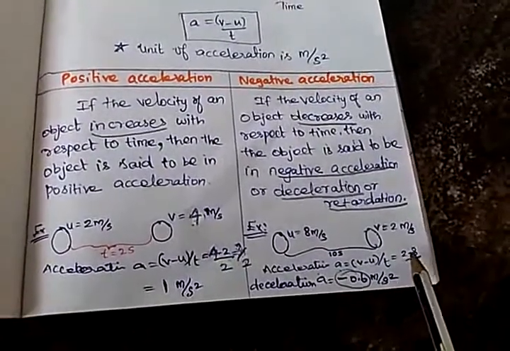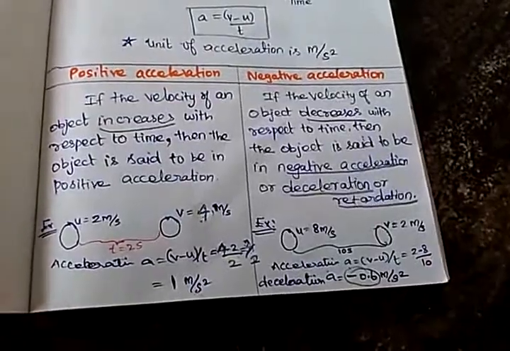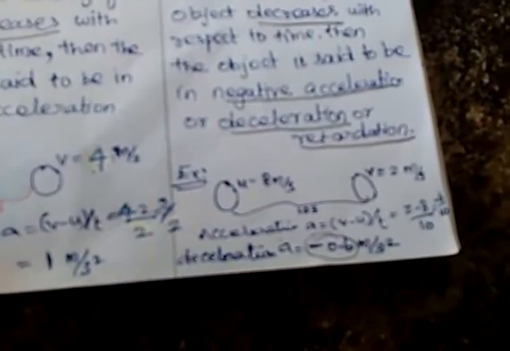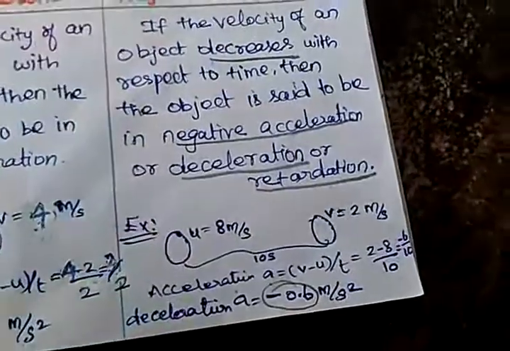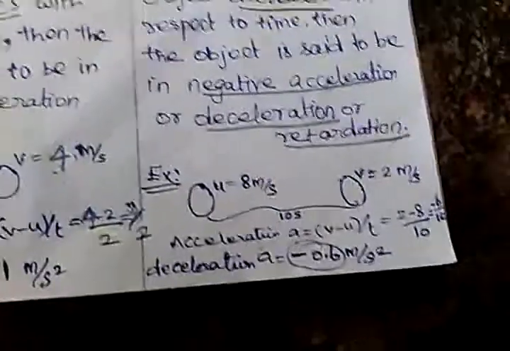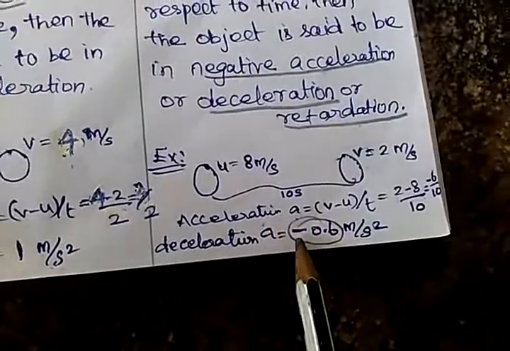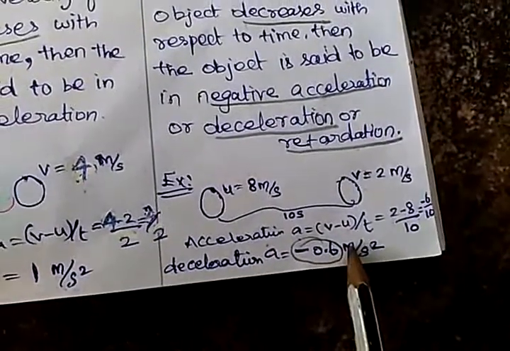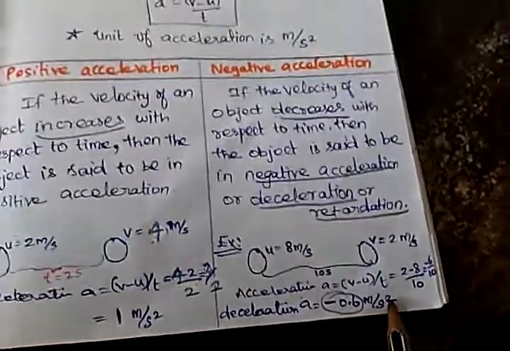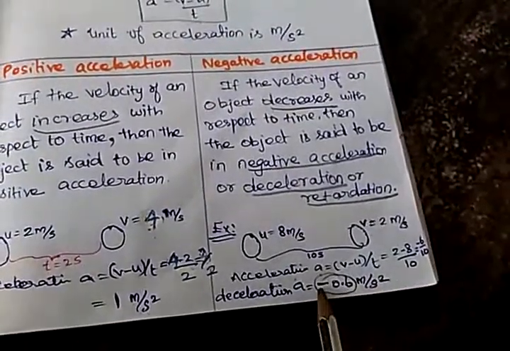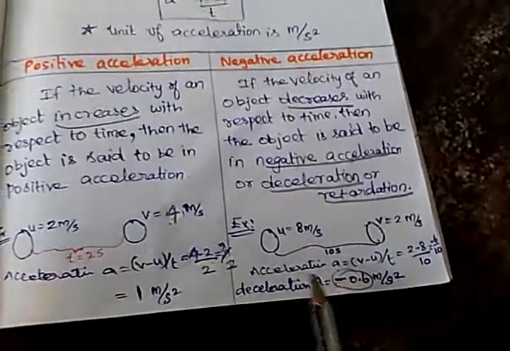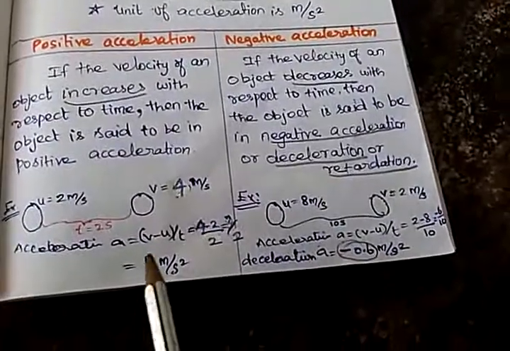So 2 minus 8 is minus 6 by 10. So we get deceleration a is equal to minus 0.6 meter per second square. Students, it is a negative acceleration, so we have a negative value. For positive acceleration, we get a positive value.